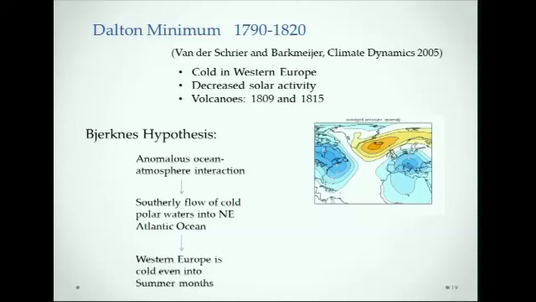And there's data from this. There's some data on sea level pressure, and this is the average pressure anomaly over that entire period of time from the Dalton minimum. And there's a sort of uncharacteristic high sitting over Iceland and a low sitting over Labrador, right?